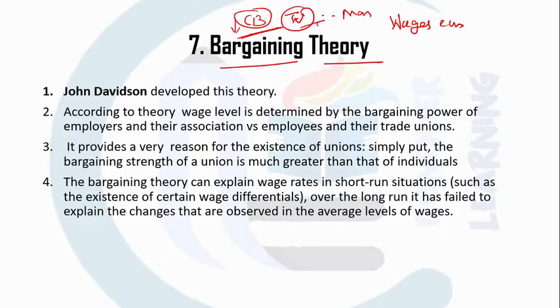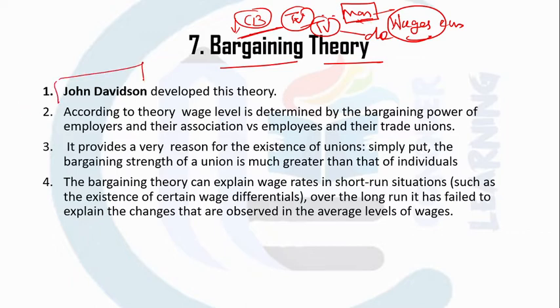If the trade union is stronger, more dominating, the wages would be good. If the management is dominating, the management would provide the wages according to its own terms. If the trade unions have great bargaining strength, good wages would be given to the employees. If they do not have good bargaining strength, the management will go according to itself.